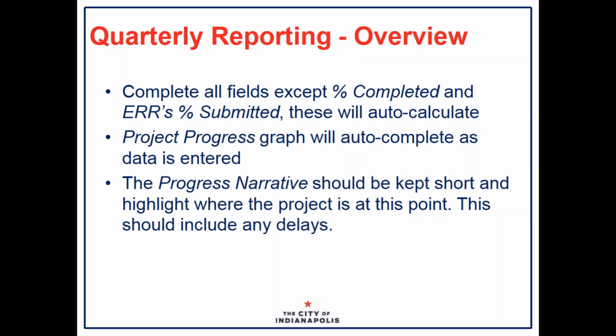You'll complete all fields except percentage completed and environmental reviews percentage completed. These will auto-calculate. The project progress graph will auto-complete as data is entered, and the progress narrative should be kept short and highlight where the project is at this point, and this should include any delays.